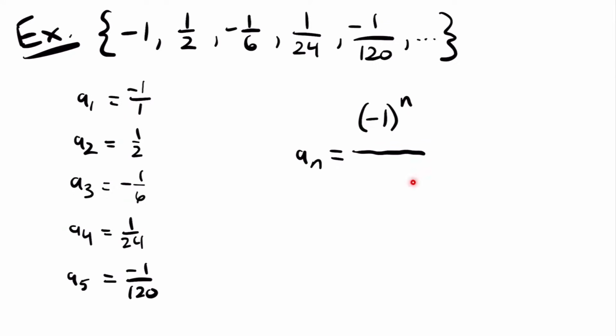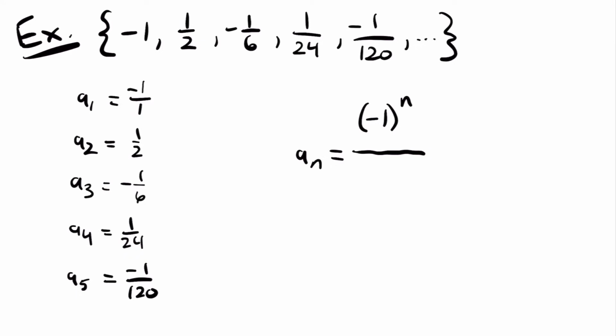But what about the denominator? What's going on with these denominators? Well, we have 1, then 2, then 6, then 24, then 120. So these are increasingly getting larger, but let's see if we can somehow incorporate the value of n into those denominators to see if we can find some sort of pattern.